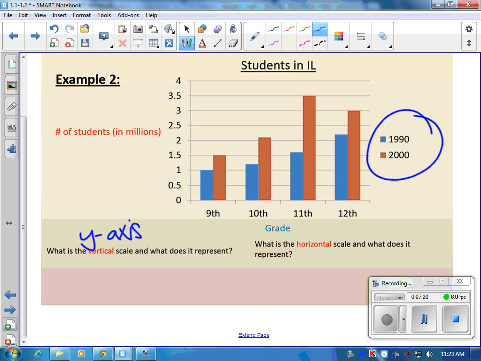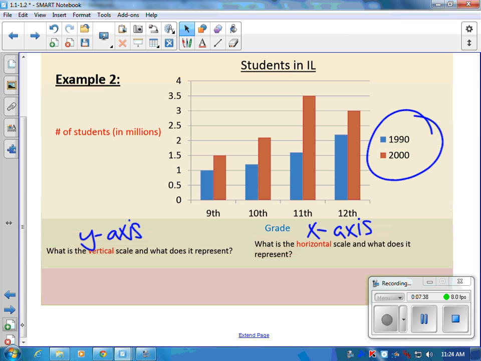Good, because we're going to talk about that too. This is just kind of a side note. The vertical scale or axis represents the y-axis, which means horizontal, which goes straight across, is the x-axis, or the horizontal axis when we're talking about graphs.